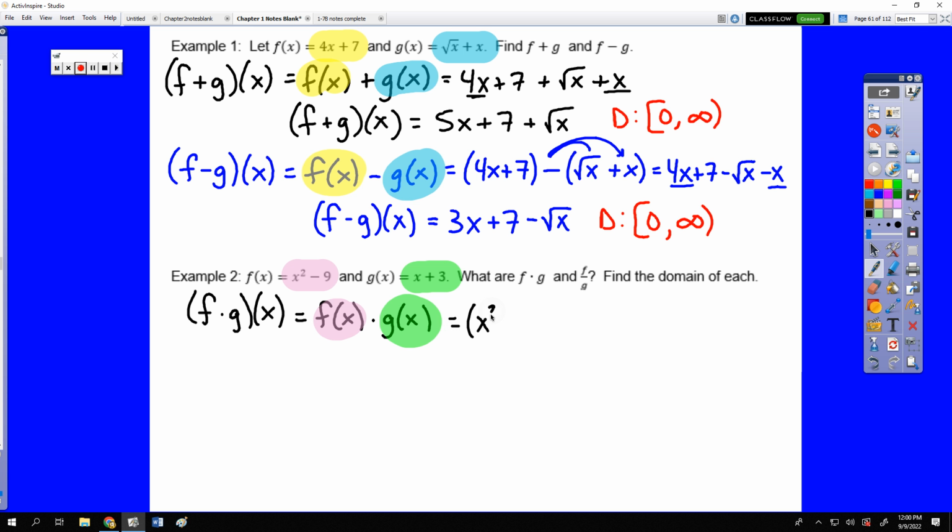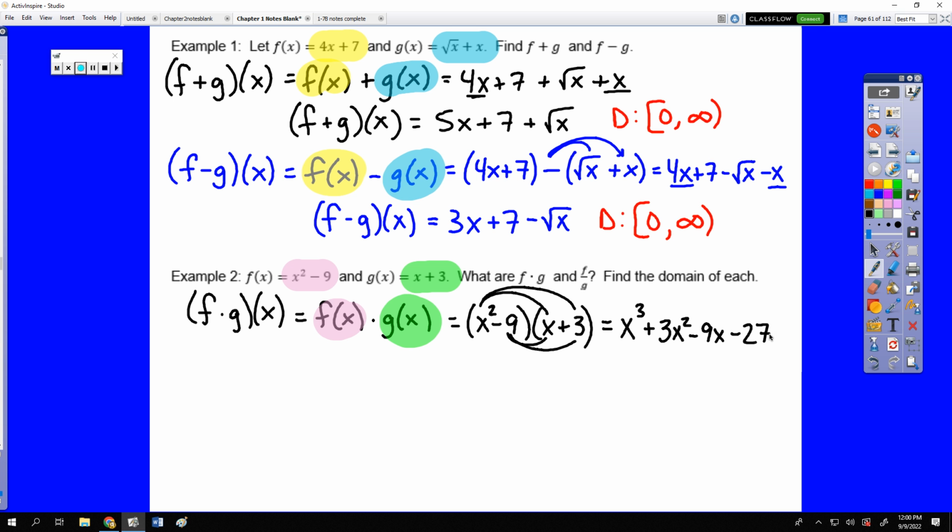So we have x squared minus 9 times x plus 3, which will require us to FOIL. So we'll do x squared times x, x squared times 3, negative 9 times x, negative 9 times 3, to get x cubed plus 3x squared minus 9x minus 27.